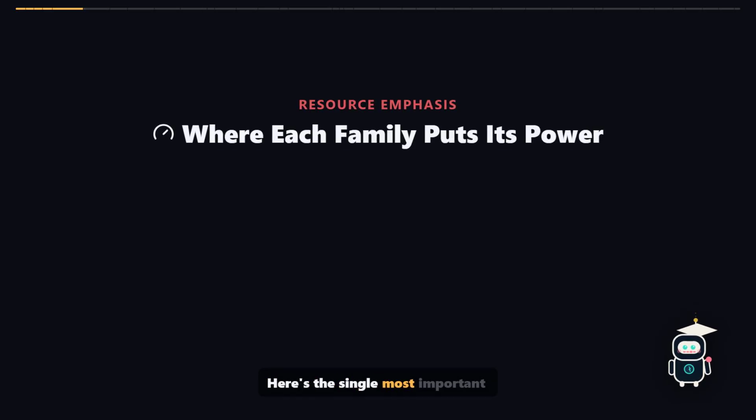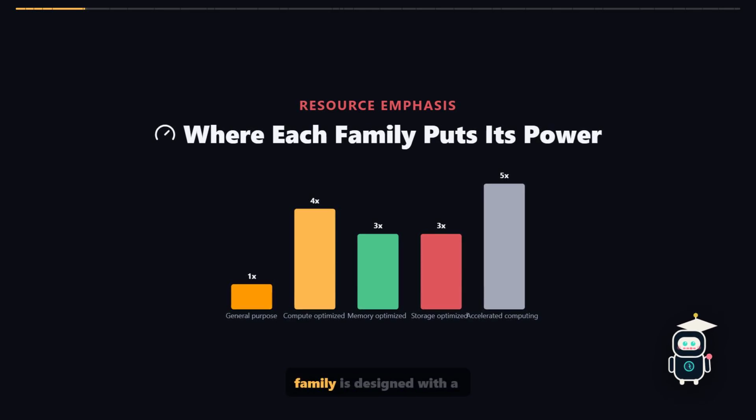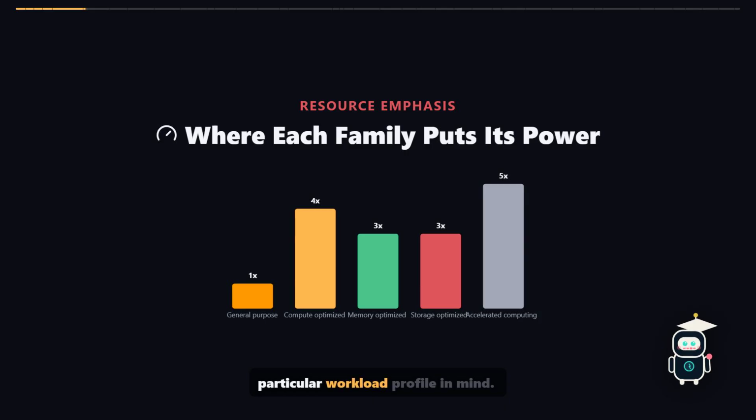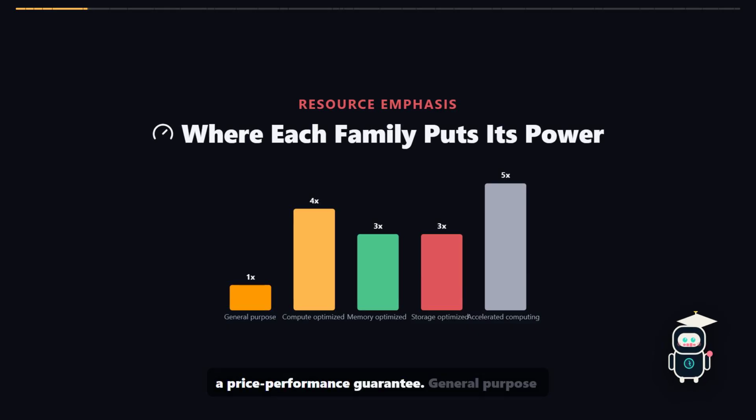Here's the single most important idea about EC2 instance families. Optimized doesn't mean everything gets better. It means the instance family is designed with a particular workload profile in mind. Think of this chart as showing relative workload emphasis, not a price-performance guarantee.